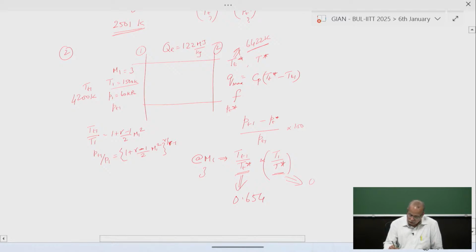What is this value? 0.2803. From this value, you can find out TT star.